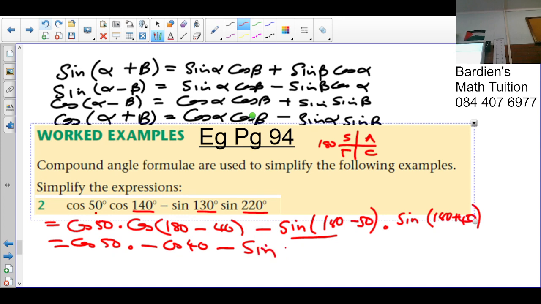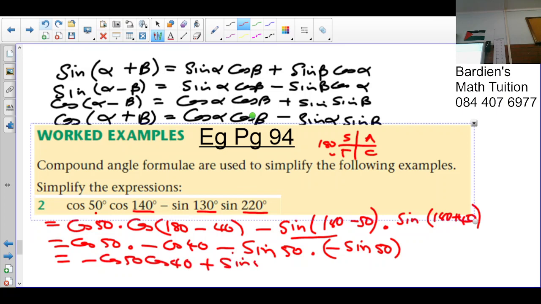So it's negative sine 50, times 180 plus, which quadrant is that in? Third quadrant, sine positive or negative? Negative. So what I got here is negative cos 50, cos 40. Negative times negative is positive, so it's positive sine 50, sine 50, sine 40.